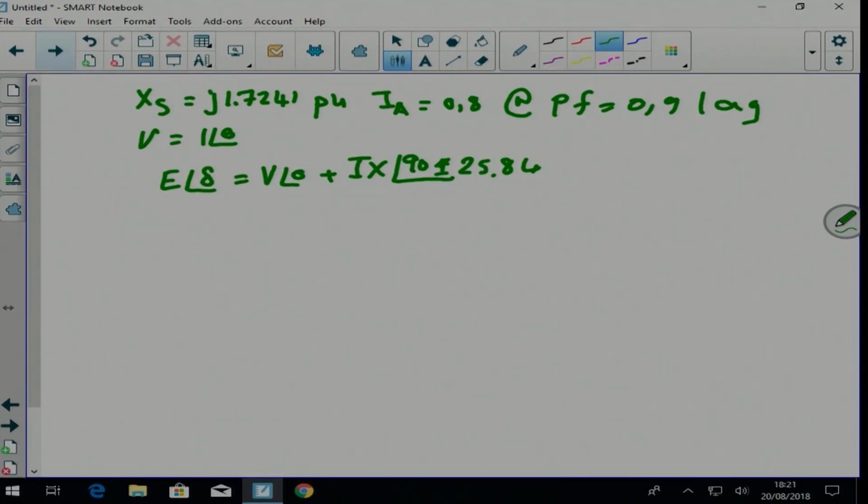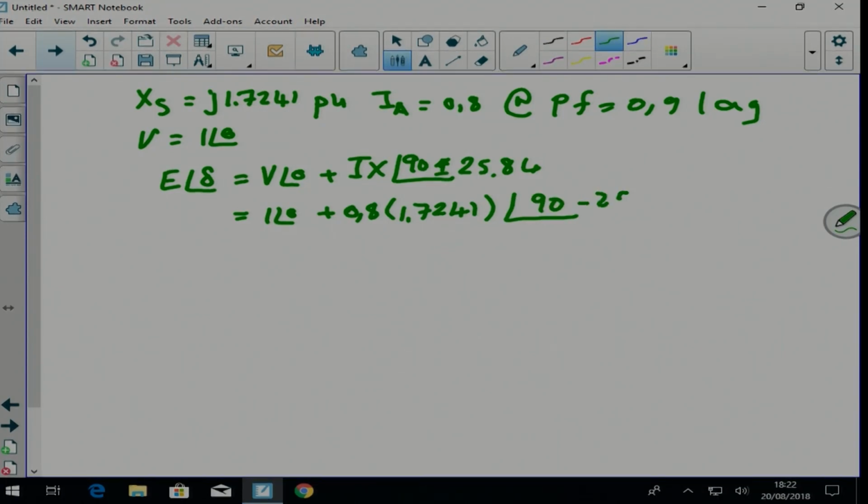and therefore that will be 1 angle 0 plus 0,8 times 1,7241 angle 90 minus 25,84, which gives us 2,0261 at an angle of 37,8 degrees.